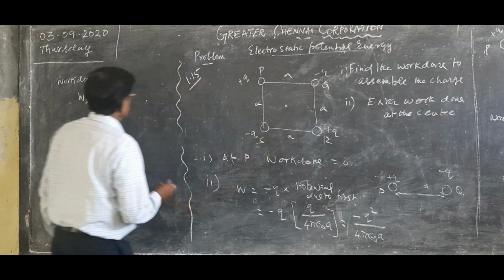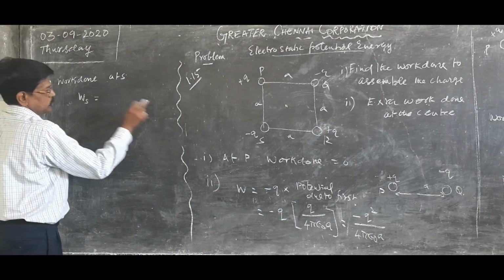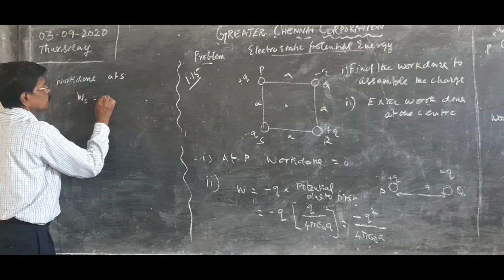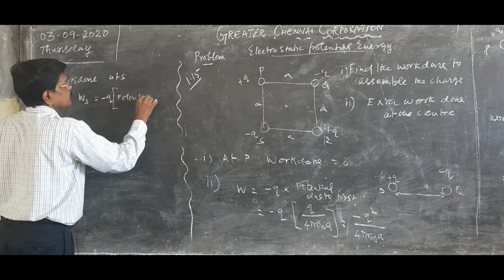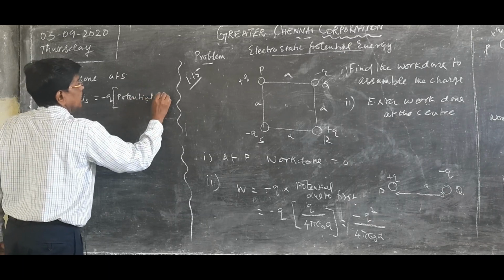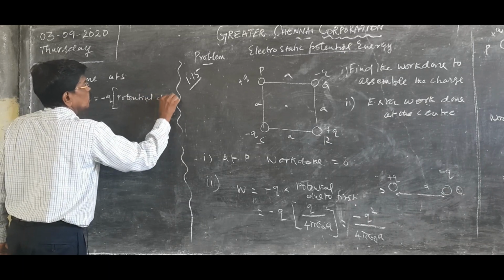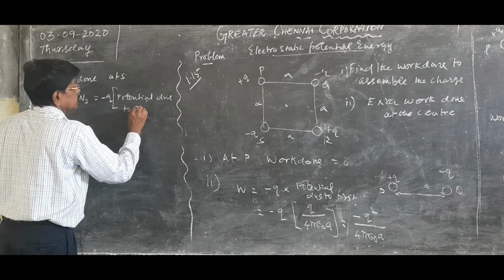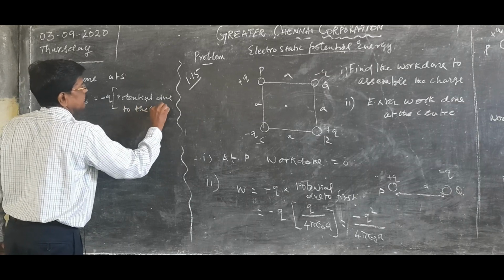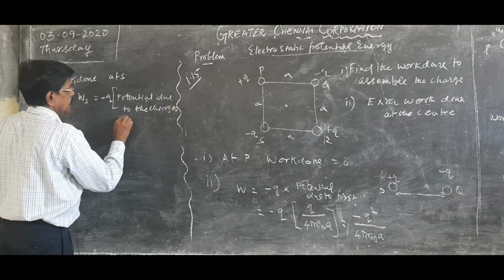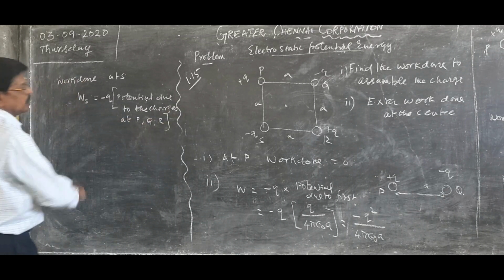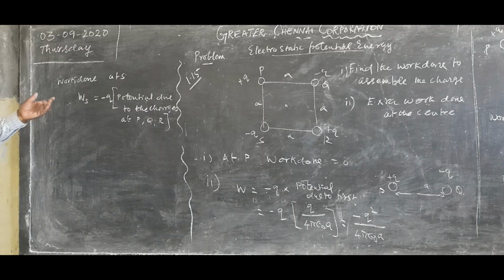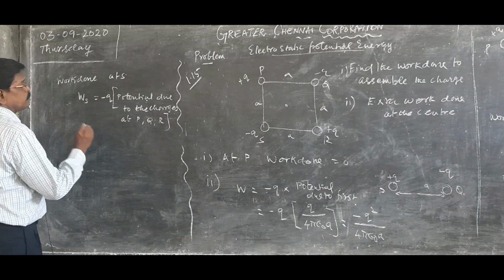So, the work done formula is the charge. What is the charge? Minus Q times the potential due to the charges at P, Q, R and all. So we have to use the potential.